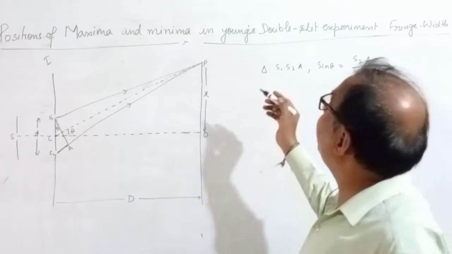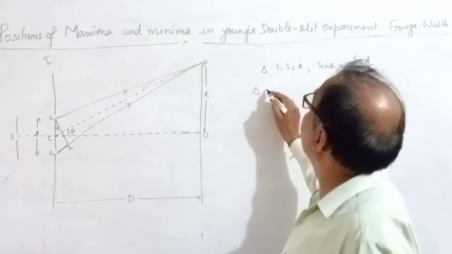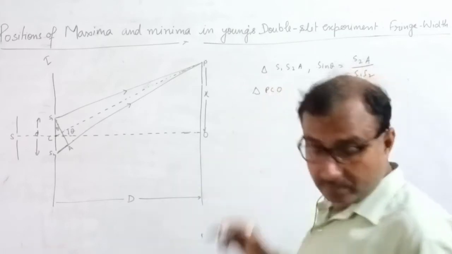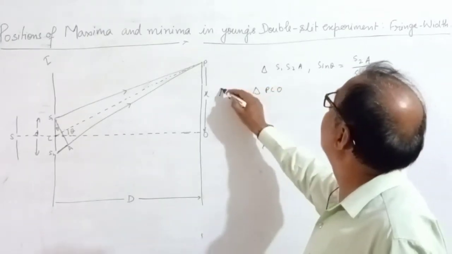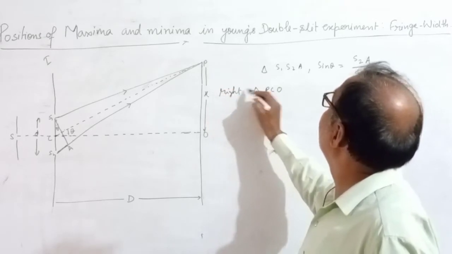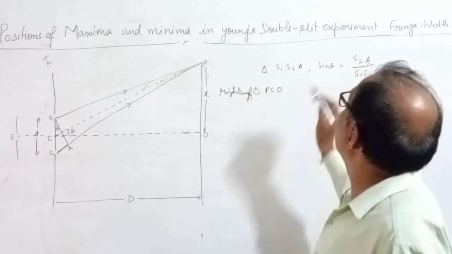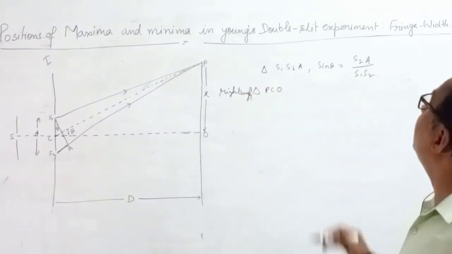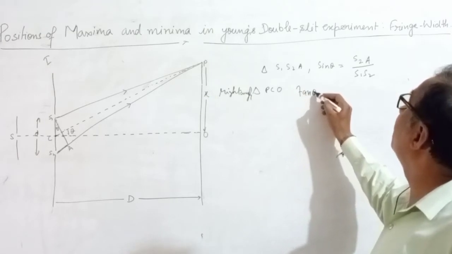Now again you take right angle triangle PCO. What is tan theta equal to?